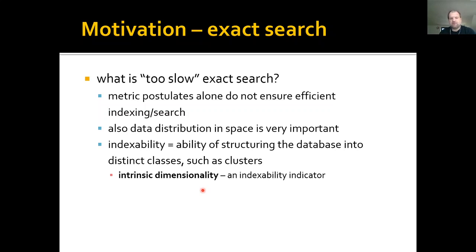And there are many concepts for measuring this indexability, and one of the most prominent, most used indicators in the area of metric indexing is the so-called intrinsic dimensionality, which itself is an overloaded term.